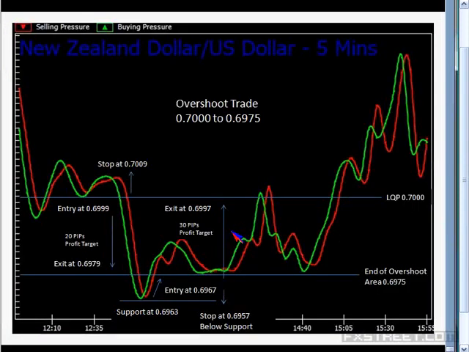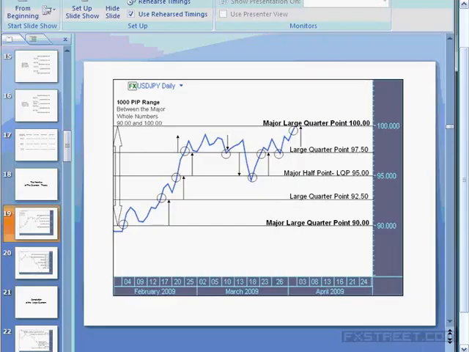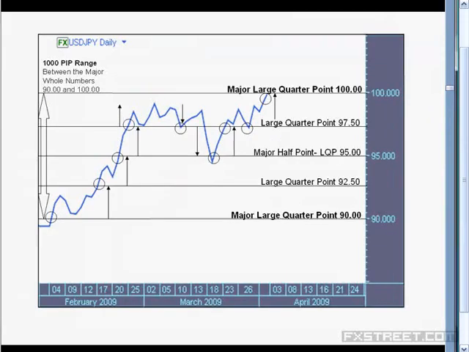I'm sorry about going fast over here, but I gave you this example in a previous webinar just to give you an idea of what the 1,000 pip range moves actually look like, and within that 1,000 pip range, how we have several completions of multiple large quarters. The example that I gave you here is the dollar versus the Japanese yen, and it shows you about 3 months from February until April of 2009.